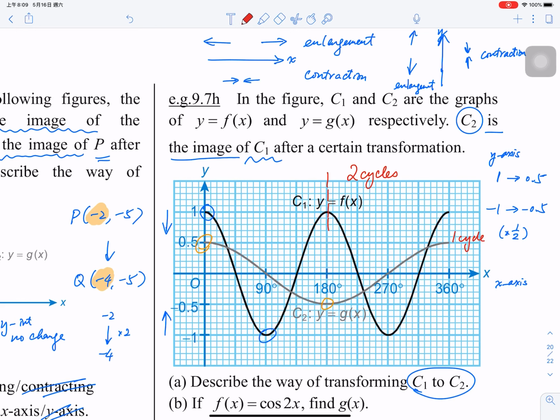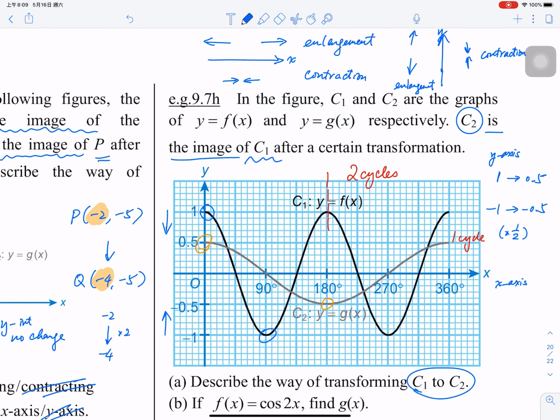That means the first cycle stops here, and the second cycle stops here, so from 180 to 360.